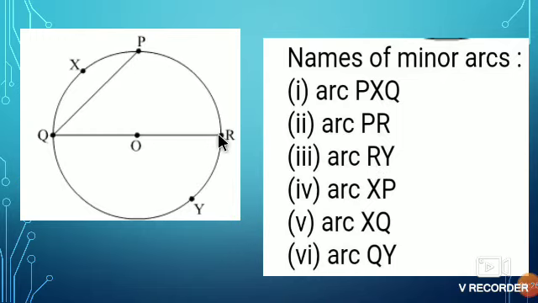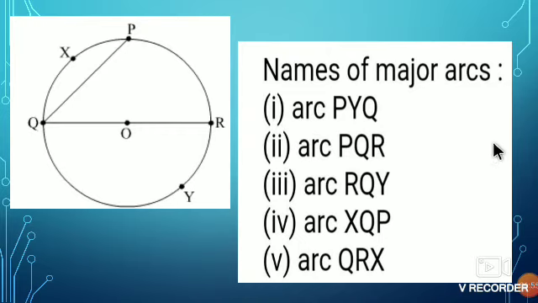If the end points are P and R, you can write PR. If the end points are R and Y, you can write RY. If the end points are X and P, then XP. If the end points are X and Q, then you can write arc XQ, or if the end points are Q and Y, you can write arc QY also. So these are the names of the minor arcs.